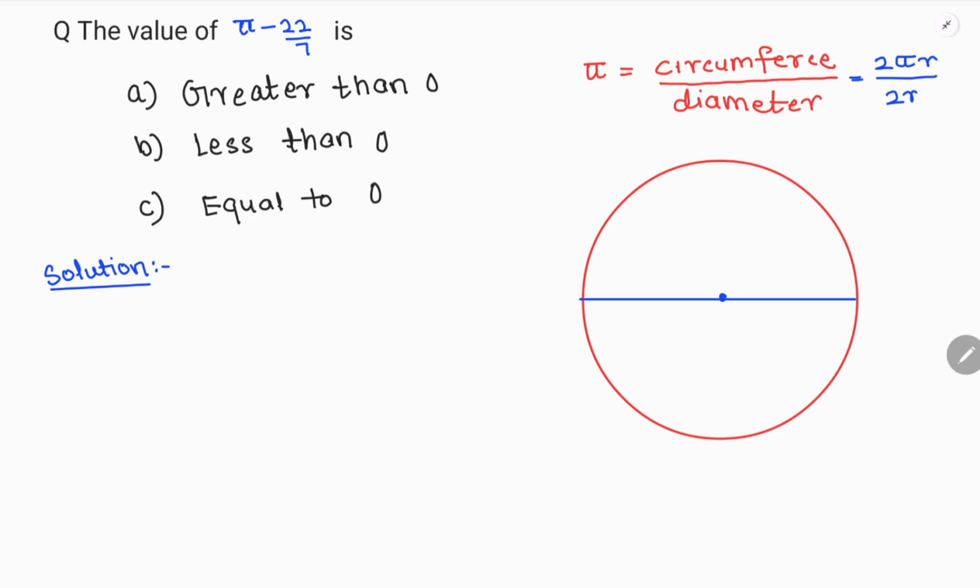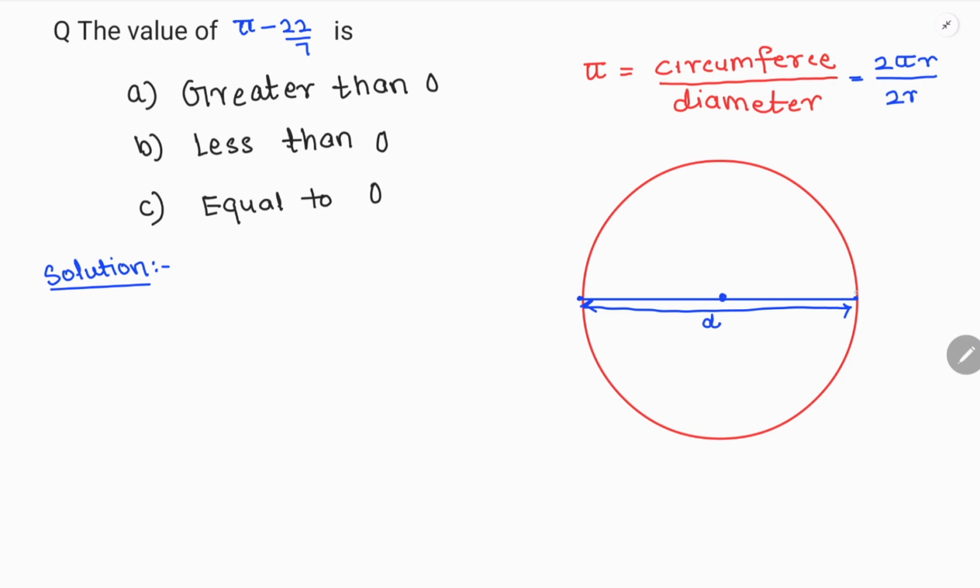Now I will tell you something here. Suppose I assume the length of the diameter is d, since I don't know what the length is. Now what did they do? They tried to measure the circumference in terms of d.